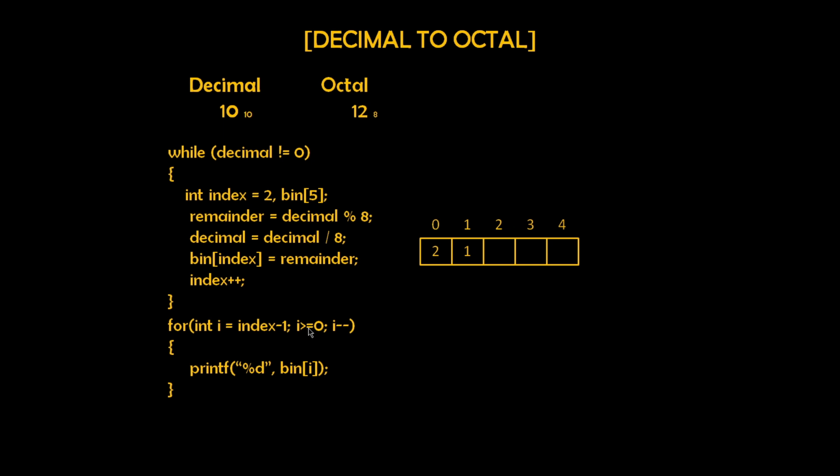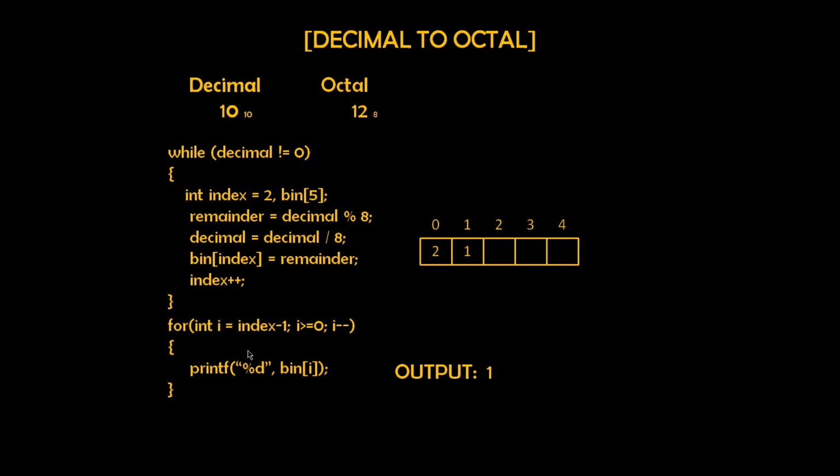So we have the condition: if i is greater than or equal to 0, then print, and after printing, decrement the value of i by 1. So if we are going to print the index i, our i is 1, meaning we are going to print the value in our index 1. So in our output, it will print 1.